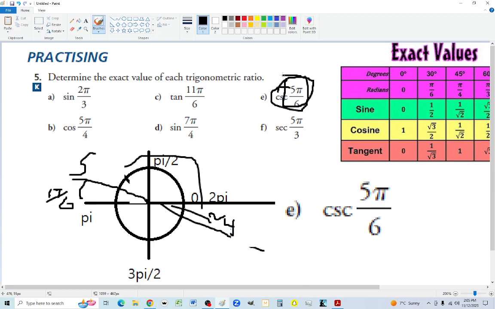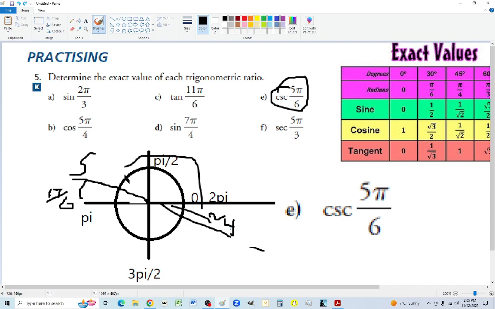So this is going to be the positive value, but we have to flip it because it's cosecant, not sine, which means we're talking about positive 2, because sine and cosecant are both positive there, and cosecant is the flip of the sine. So there you go.